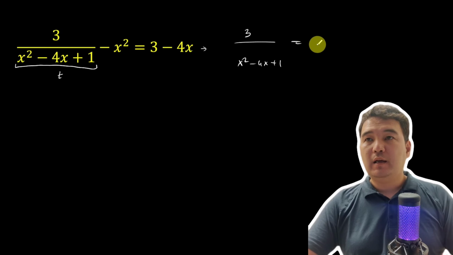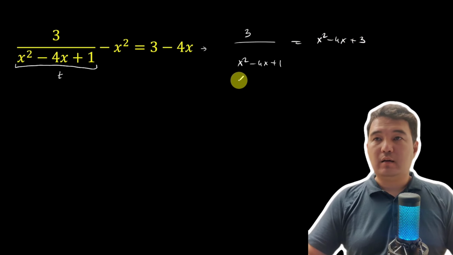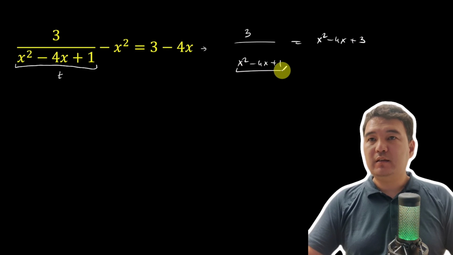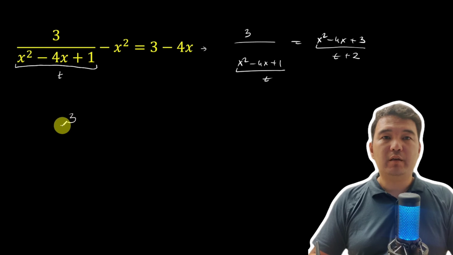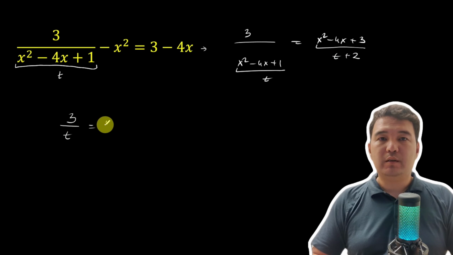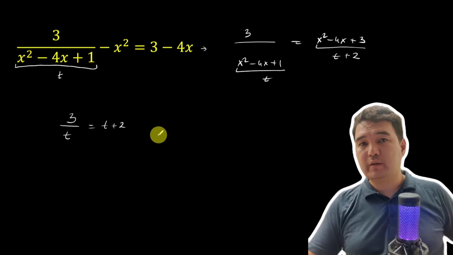So we get x squared minus 4x plus 3, which means this is t, and this one is t plus 2. So my new equation is 3 over t is equal to t plus 2. Multiply both sides by t and make it a quadratic equation.